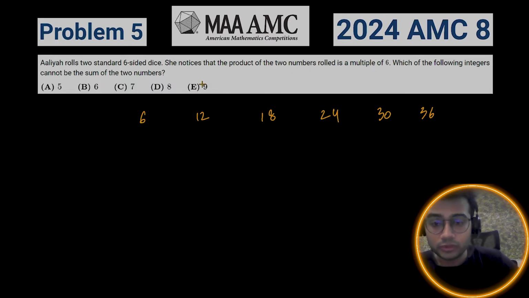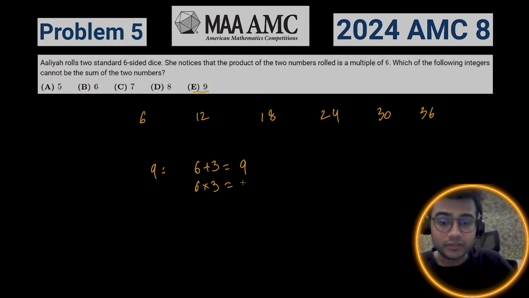So, for example, if I can think of 2 numbers that make a sum of 9 and also multiply to give a multiple of 6, then I can eliminate that option. So for 9, I can easily think of 6 plus 3, right? 6 plus 3 is 9, and 6 times 3 is 18. So I can eliminate 9.